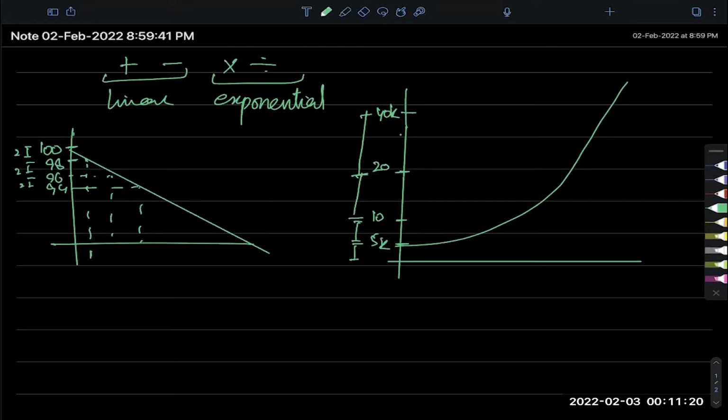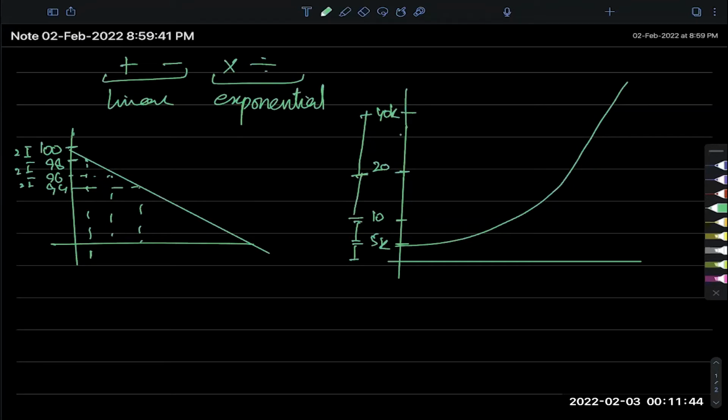Similarly, if it was decaying, like this is what exponential growth is. For example, the growth of a big bacteria colony, or how does COVID spread? That's all exponential. One person meets 2, that they meet 4, they meet 8, and so on and so forth, just by a factor of 2. So whenever you have a factor multiplying or dividing, that is exponential. And whenever you have a fixed number increasing or decreasing, that is linear.